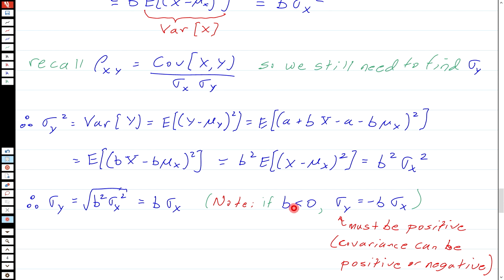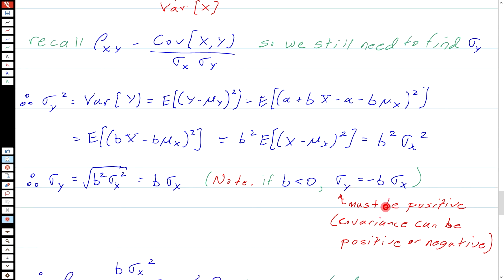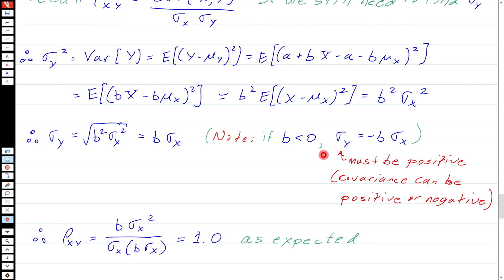So if b is actually negative, then I have to take the minus sign in front of it, because if I don't, then I get a sigma y that is negative, and we cannot have a standard deviation that's negative. Okay, let's not worry about that just quite yet. We have a positive b, so this is just b times sigma x here for sigma y.